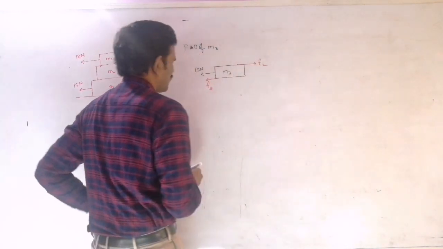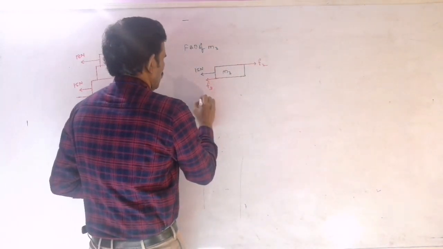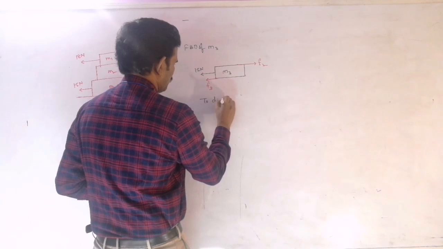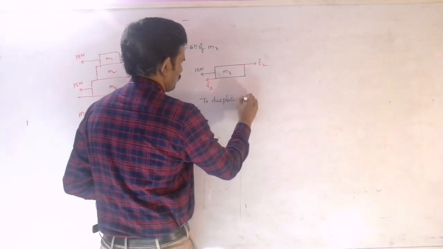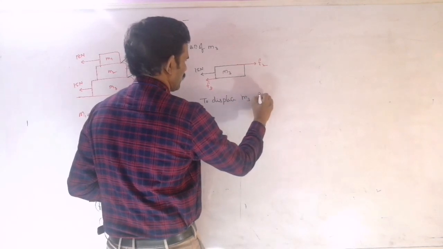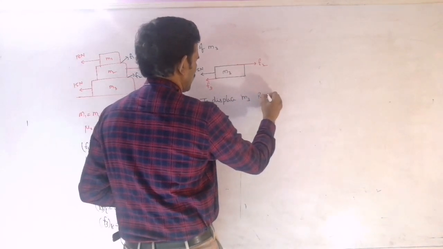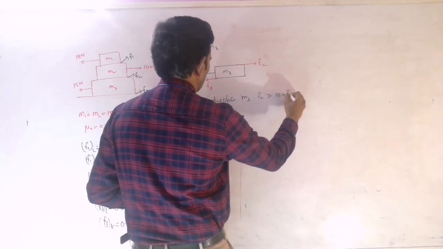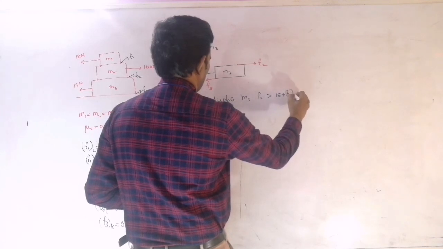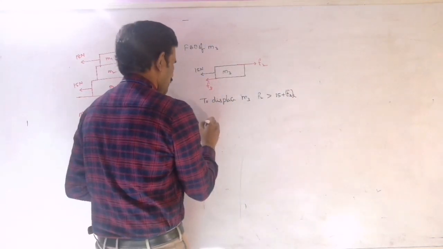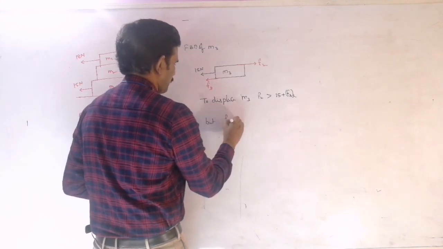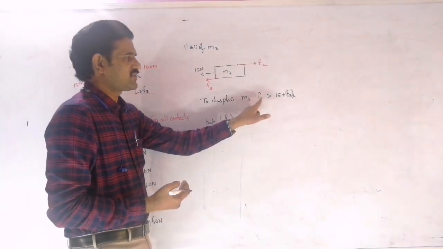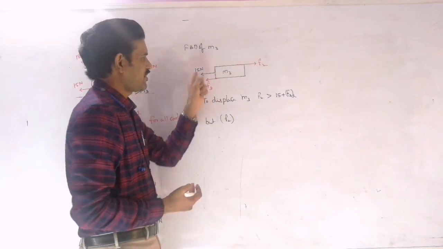That means what I am saying here, and I will directly mention here: to displace M3, F2 should be greater than 15 plus F3 limiting. So that is the condition required there. The required condition to displace it is that F2 value should be greater than the sum of these two values.